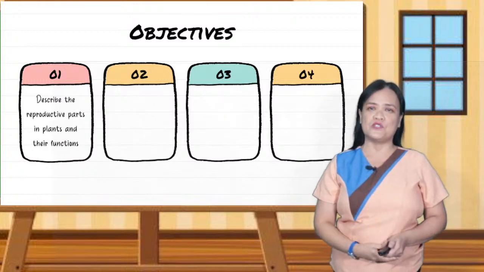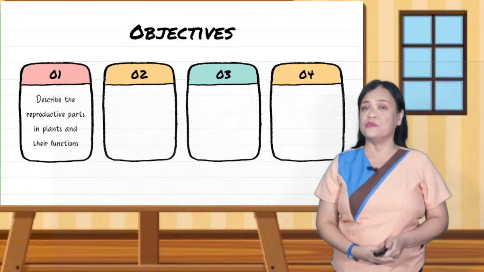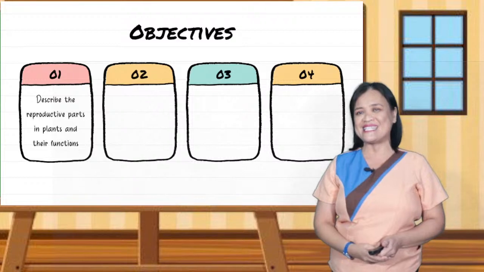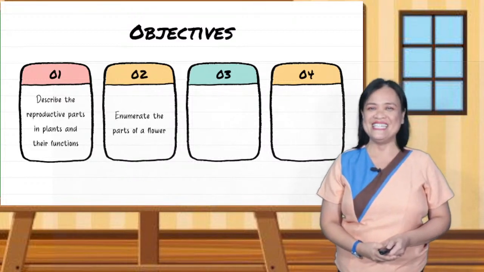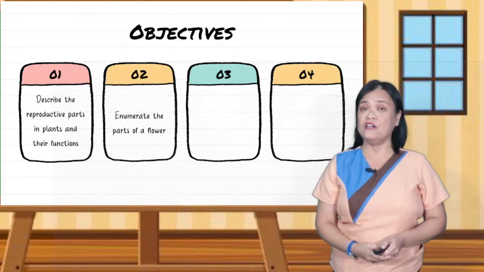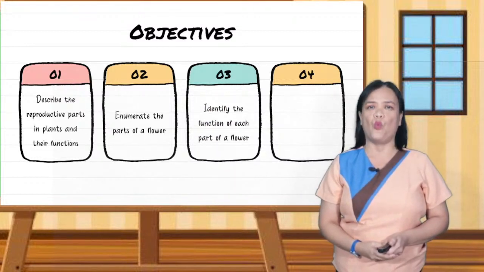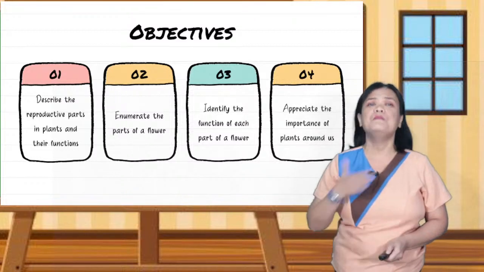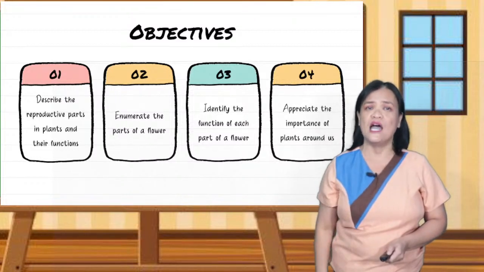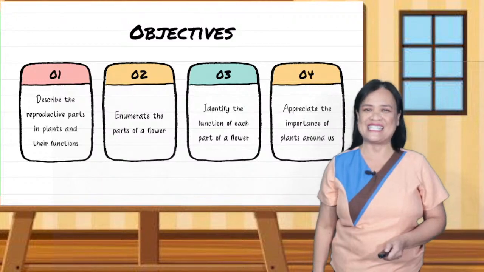The first objective, describe the reproductive parts in plants and their functions. The second one, enumerate the parts of a flower. The third one, identify the function of each part of a flower. And number 4, appreciate the importance of plants around us.